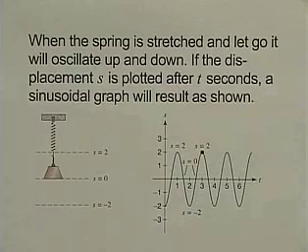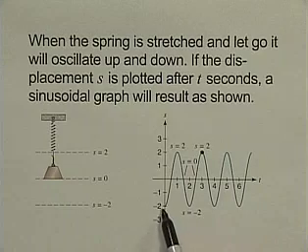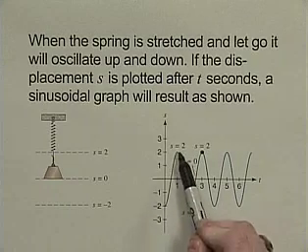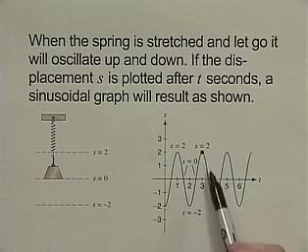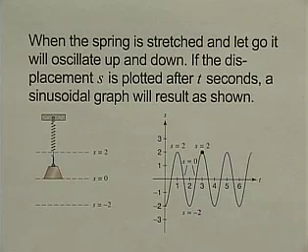So when the spring is stretched and let go, it'll oscillate up and down. If the displacement s is plotted after t seconds, a sinusoidal graph will result as shown. So at t equals 0, you had it pulled down to -2, you let it go, it went up to 2, back down to -2, and so on all the way out here. So this is what the graph looks like.